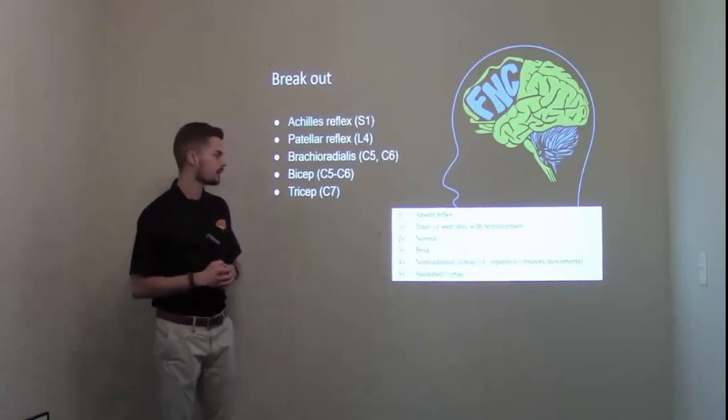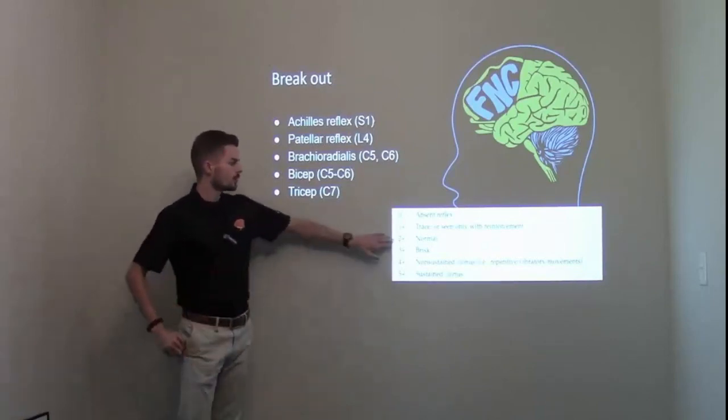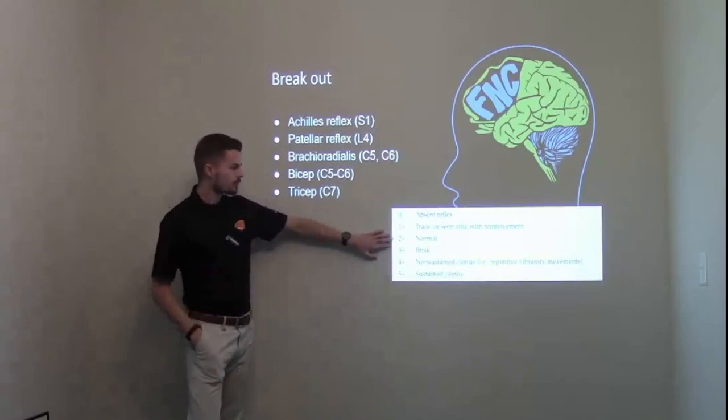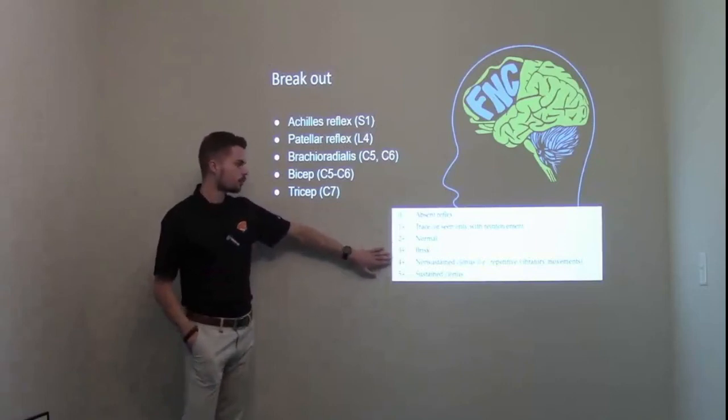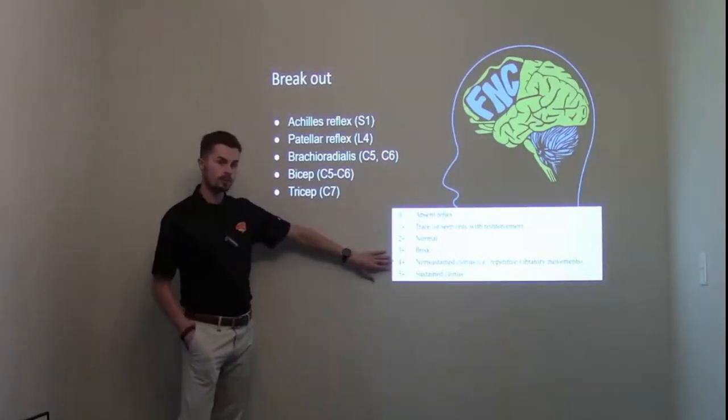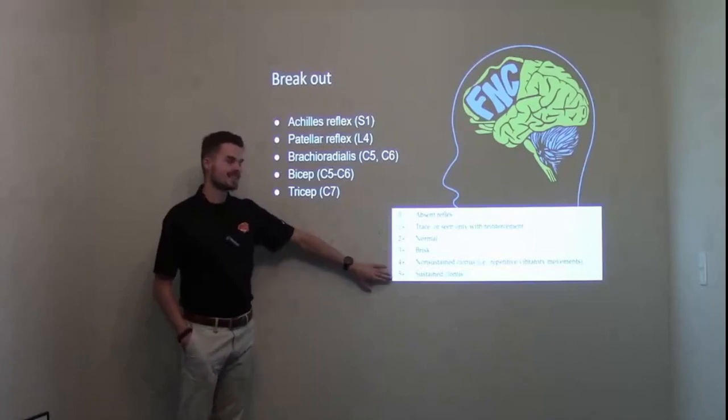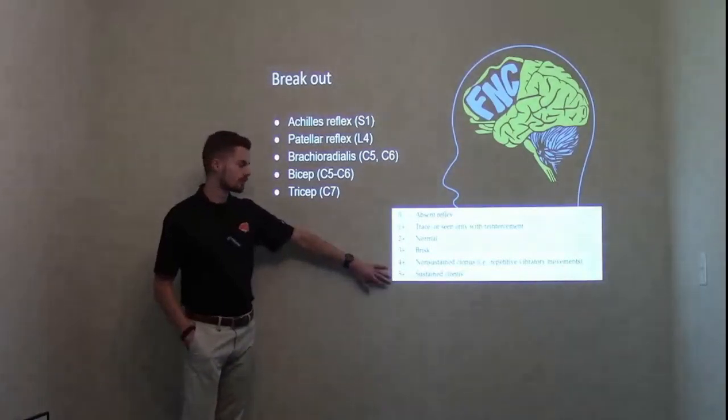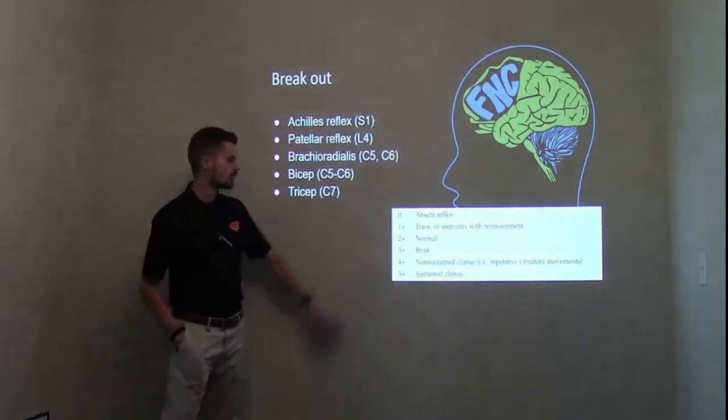I've seen that happen with a lot of people. Then 2 plus, normal response. 3 plus is brisk. 4 plus is non-sustained clonus, repetitive vibratory movements. So this is indicative of an upper motor neuron lesion, or sustained clonus, also upper motor neuron lesion indication there.